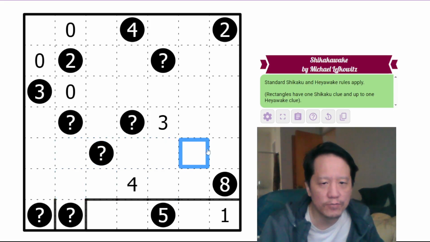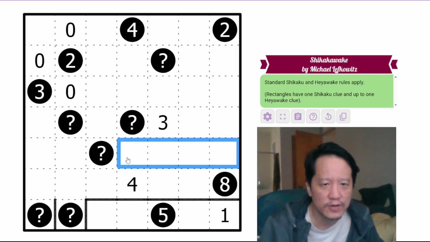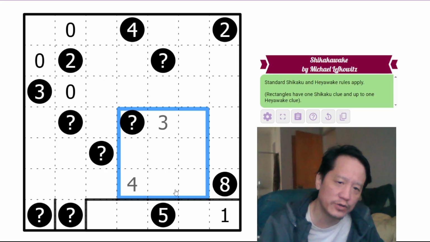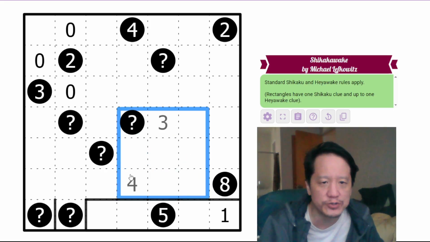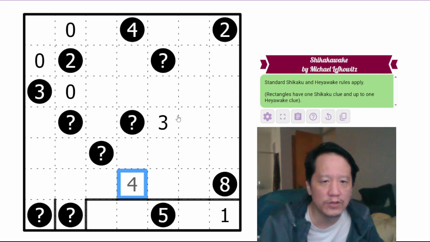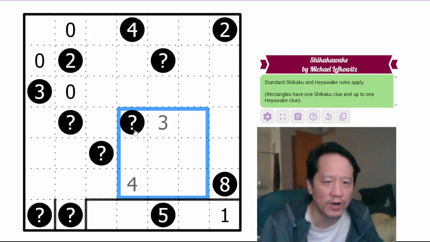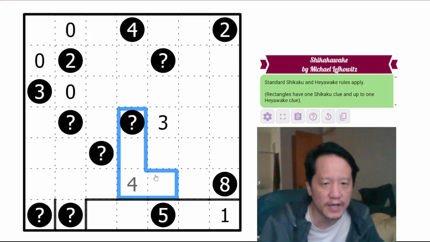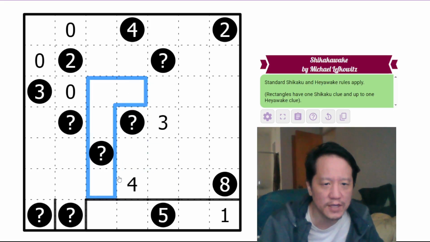So, what are the possible rectangles this 4 could be part of? It cannot be part of any 9, because that would have 2 Heyawake clues in it, which is not allowed. You can only have up to 1 Heyawake clue for each rectangle. So if this is 9, that doesn't work. If it's 8, it doesn't work. So this can't be 8 either.